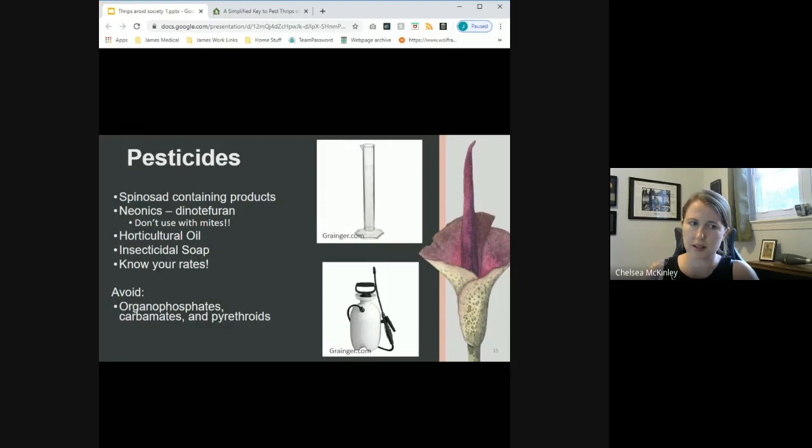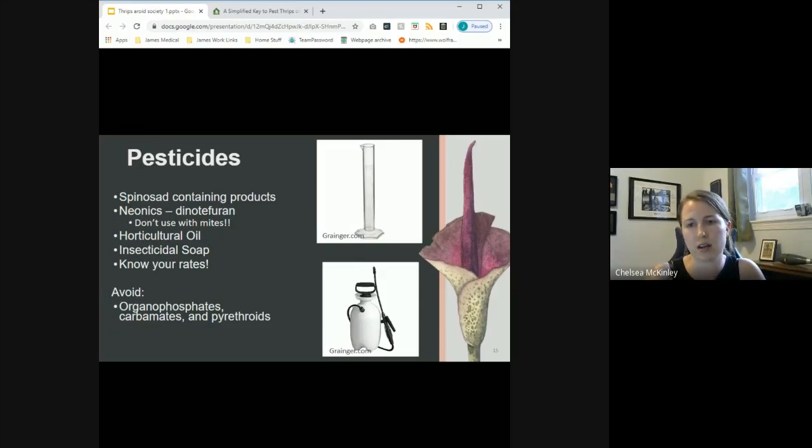Neonics are another option. They are systemic, which is one of the reasons why they work so well. They stay in the plant for a long period of time, so all of those successive generations of thrips will also die from coming into contact with it because they're actively feeding on the phloem where the pesticide is present.